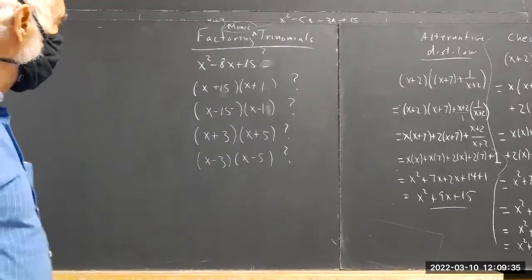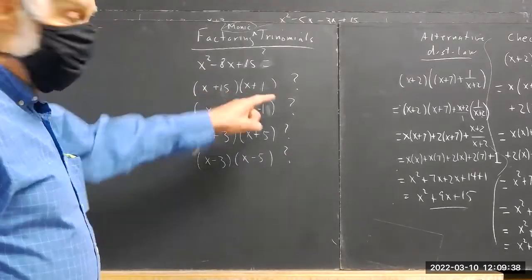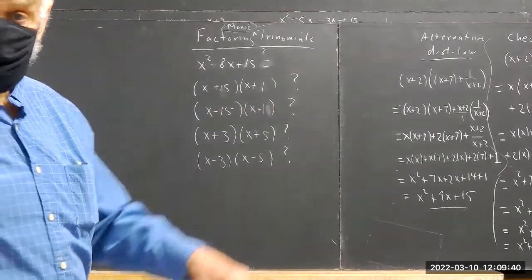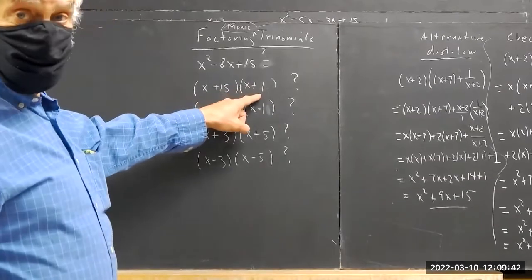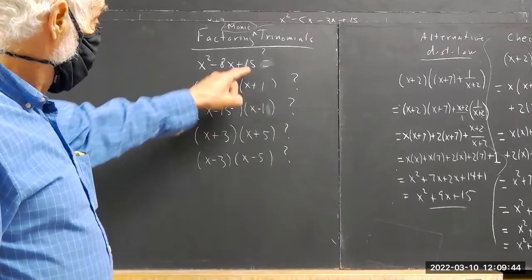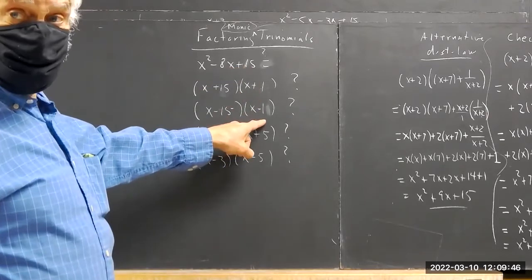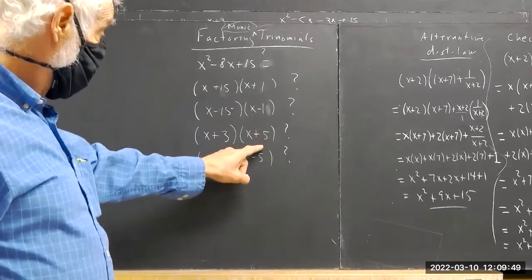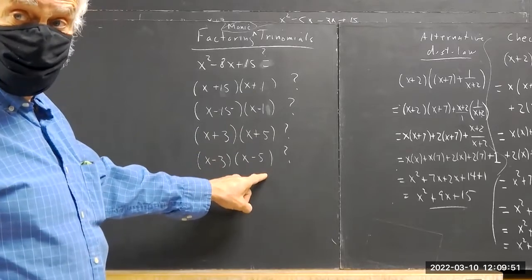In each case, the number that we get, the number that doesn't have any x's on it, is going to be this times this, right? And this times this is 15, this times this is 15. This times this is 15, and this times this is 15.